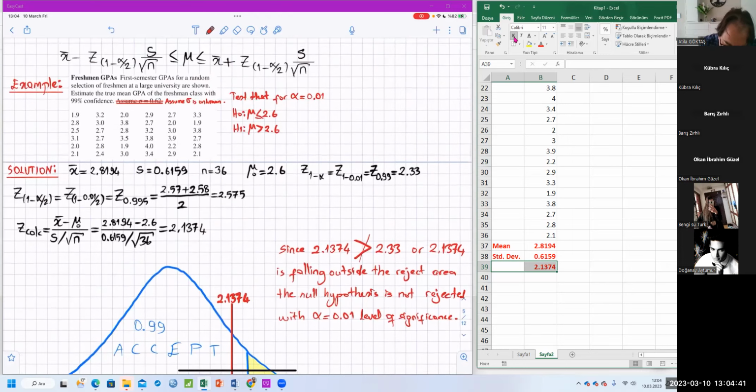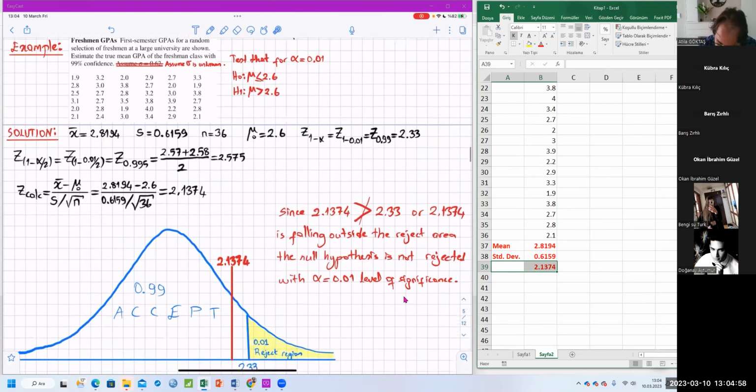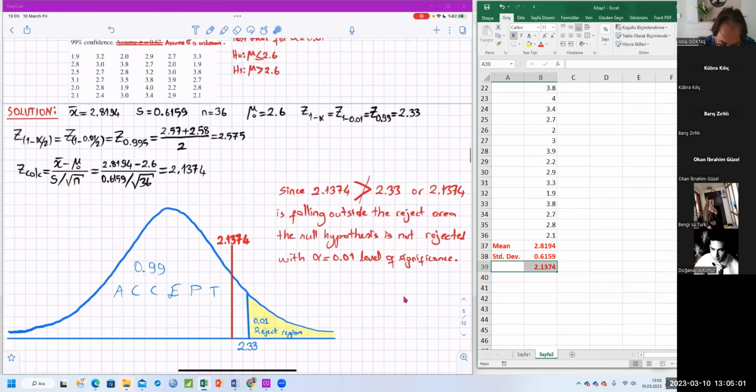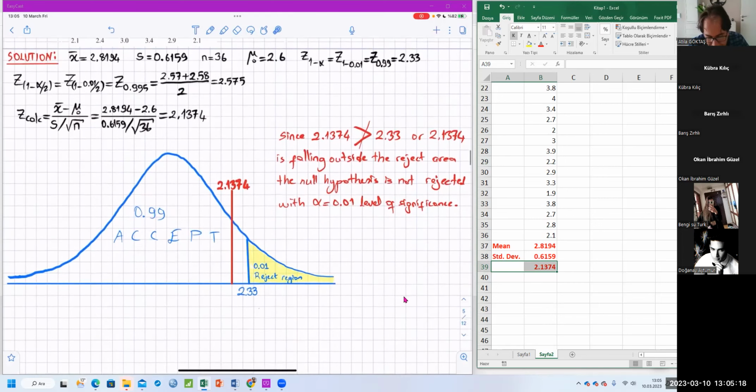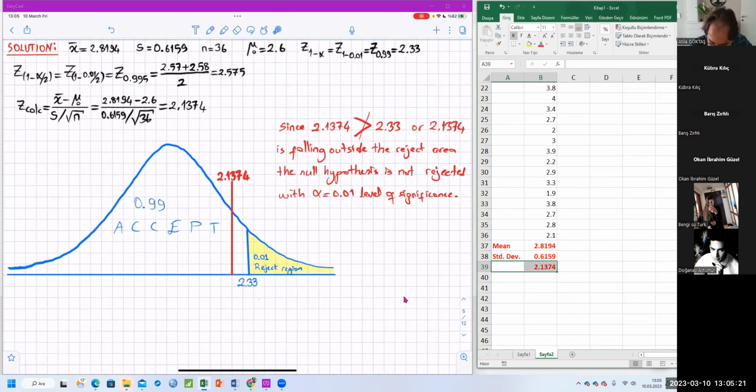But when you look at the mean of those students, the GPA is greater than 2.6, but there is no evidence to support the idea that the mean GPA is greater than 2.6, even if the sample mean is much greater than 2.6, because this is not statistically significant. We do not say that this is significant, so it's insignificant.